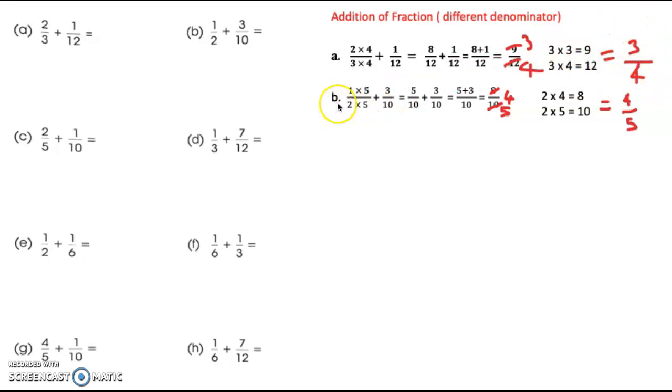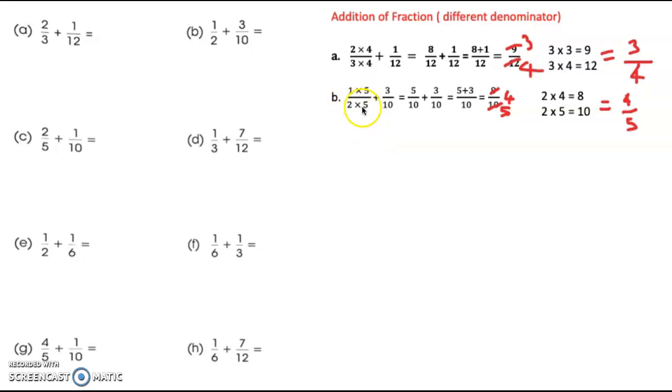Now this one, b. Likewise, here we have to make the denominator 10, because 10 is a multiple of 2. When we multiply 2 by 5 we get 10, so easily we can make the denominator 10.